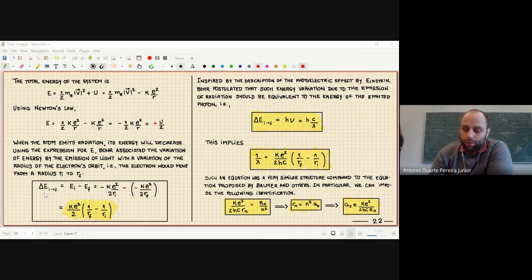So Bohr says this variation, delta E, is equal to the energy carried by a photon, h nu. And of course, I can rewrite nu as c over lambda, as we discussed. It was not a conclusion, it was an assumption, that the energy changes in this very particular way.